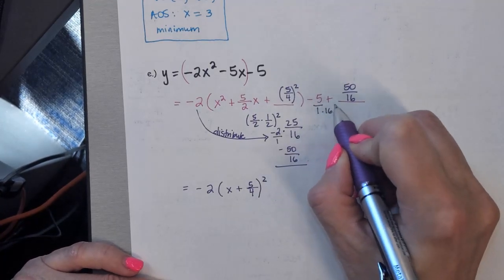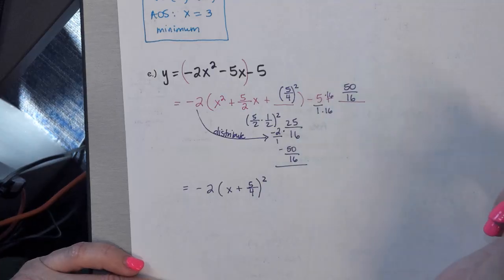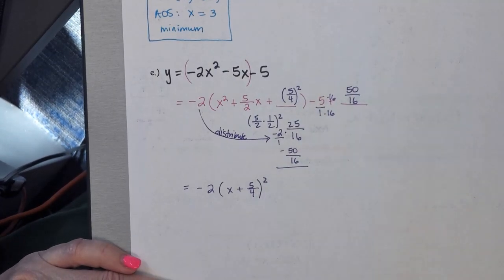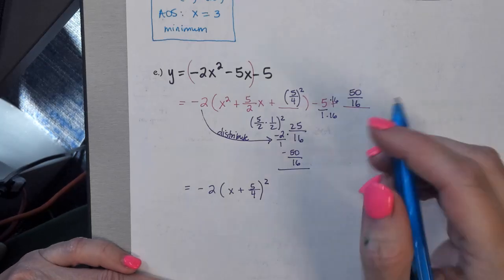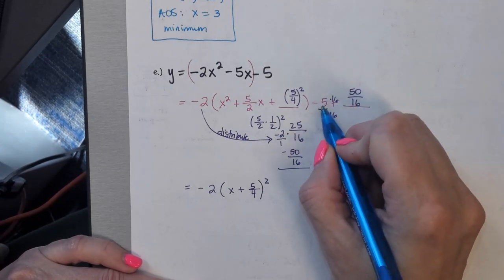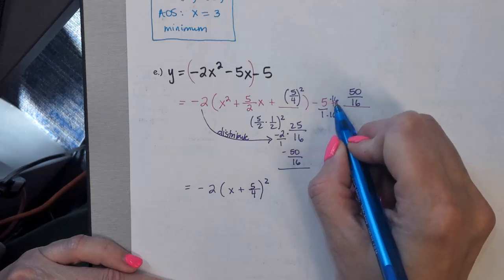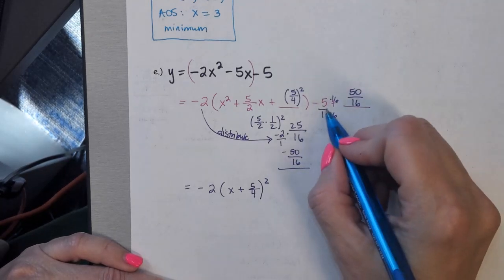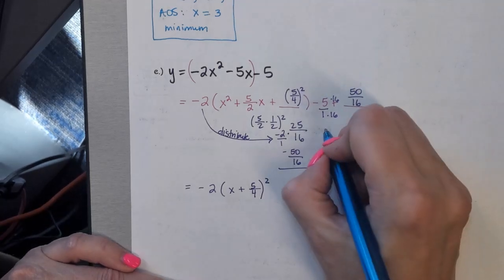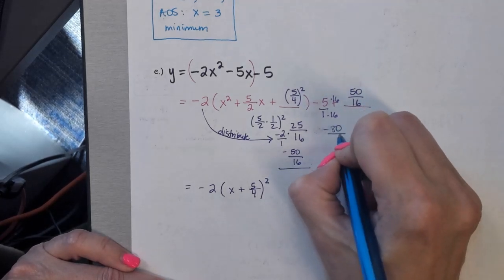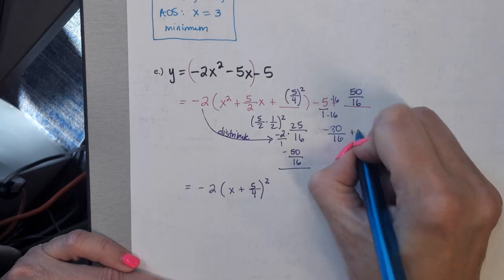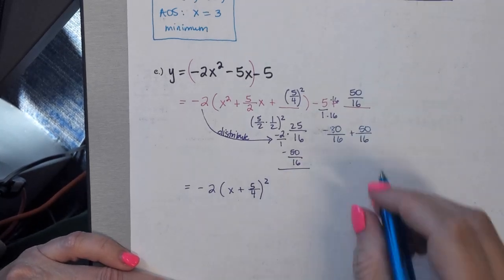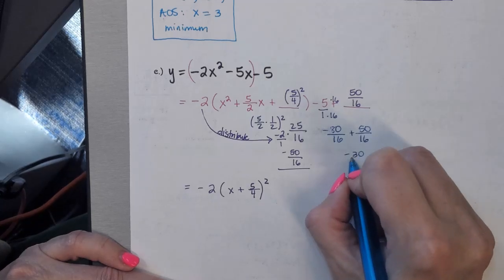So I have to make that times 16 over 16. Okay, it might be easier for some of you if you don't have a calculator to do 5 times 10 and then 5 times 6. Because what's 5 times 10? 50. What's 5 times 6? 30. So this is going to be -80/16 plus 50/16. And that's going to be, yep, -30/16.